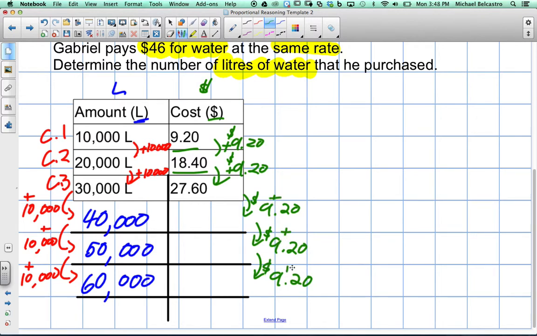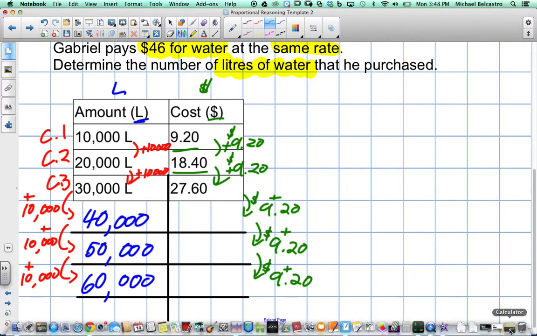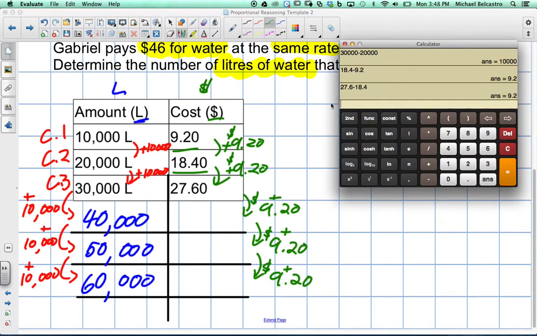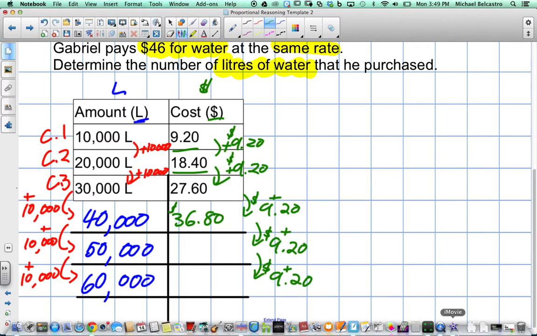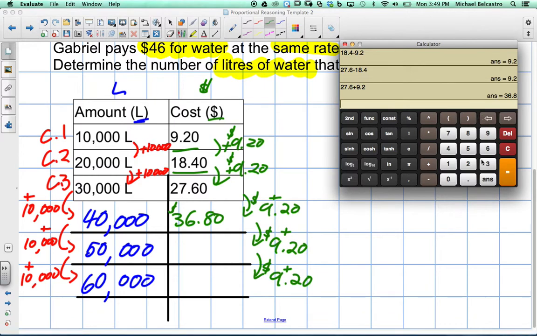Okay, so we're going to keep increasing. I keep adding using the addition sign for increasing. So we had 27.6, and we're going to add our $9.20, $36.80. Okay, so we have $36.80, and that's for 40,000 liters of water. Let's take this amount again, $36.80, and we're going to add $9.20 again, and we get $46.